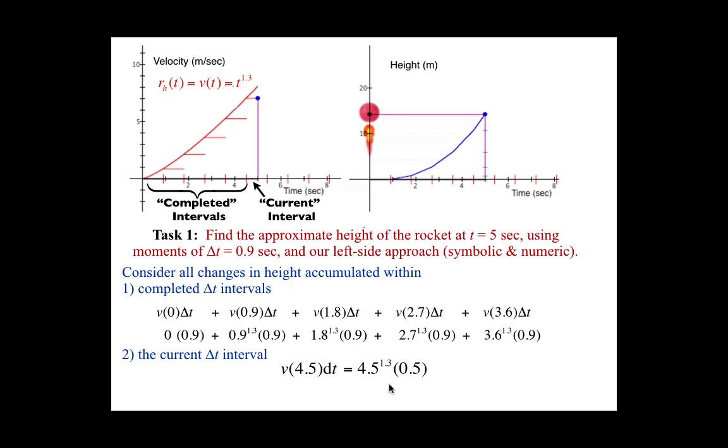So if I were talking about not just doing a specific computation, finding the height by time 5 seconds, if I wanted to express the height for, well, after t seconds, I'd need to know what interval t is in. Is it in the 17th interval?